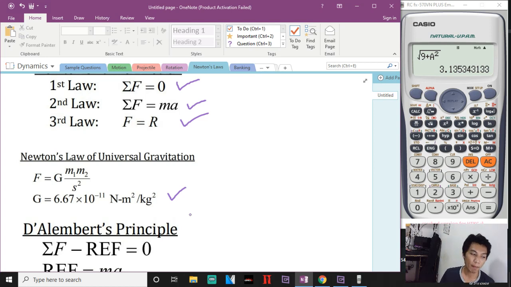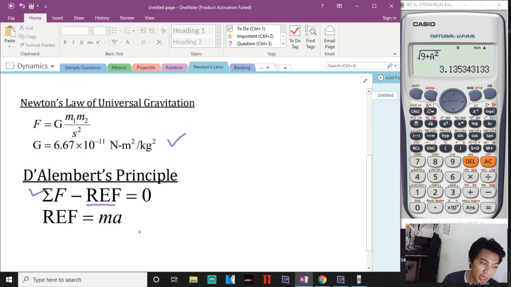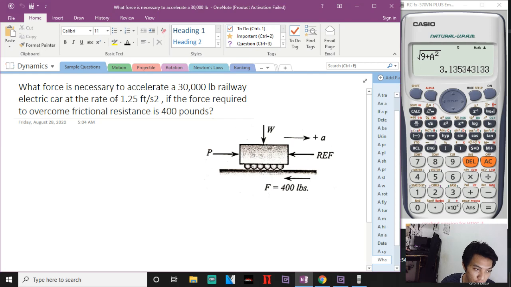Okay? Yung summation of forces, laging merong kaakibat na yan na reverse effective force or REF. Okay? Where REF is the mass and the acceleration of that body. Okay? Now, we go with the question.